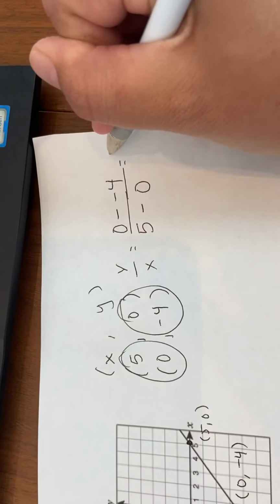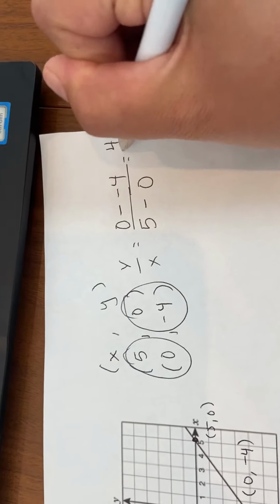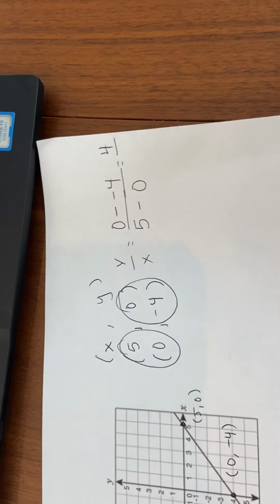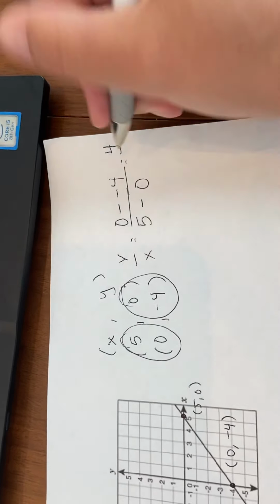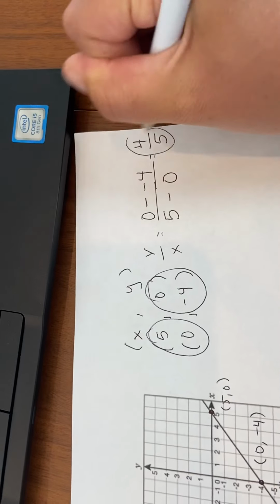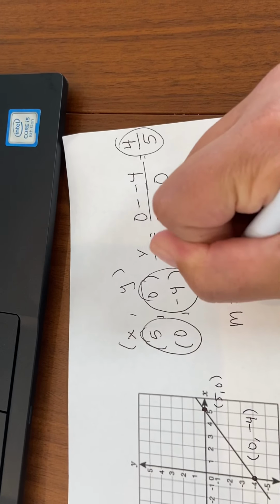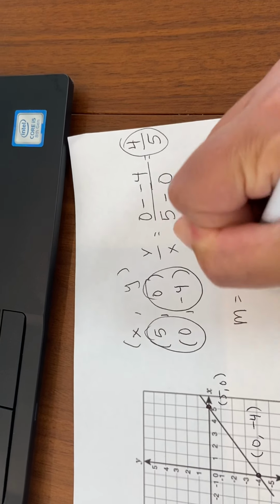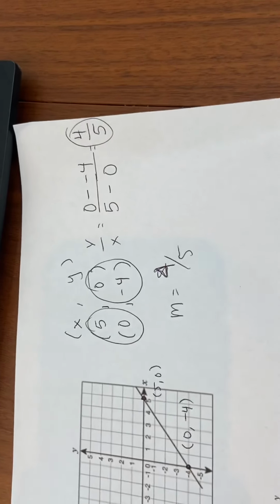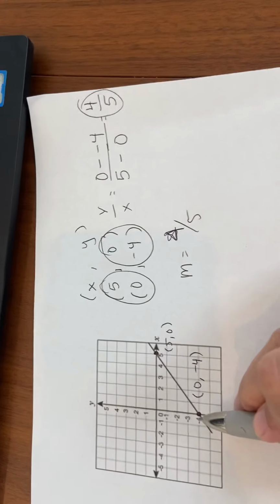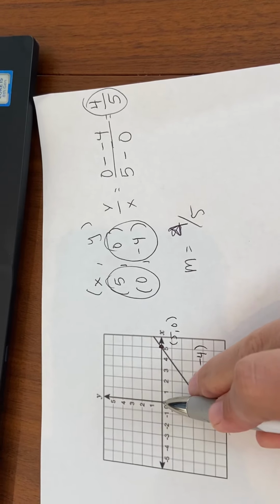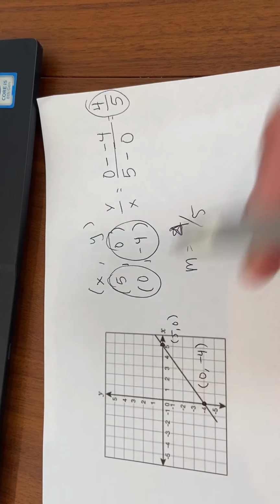When we minus a negative, it becomes a positive. You can use your calculator, or if you know your integer rules. 5 minus 0 is 5. The slope, or the rate of change on this one, is 4/5. So also you can think about it as going up 4, rising 4, running 5. Okay, last one.